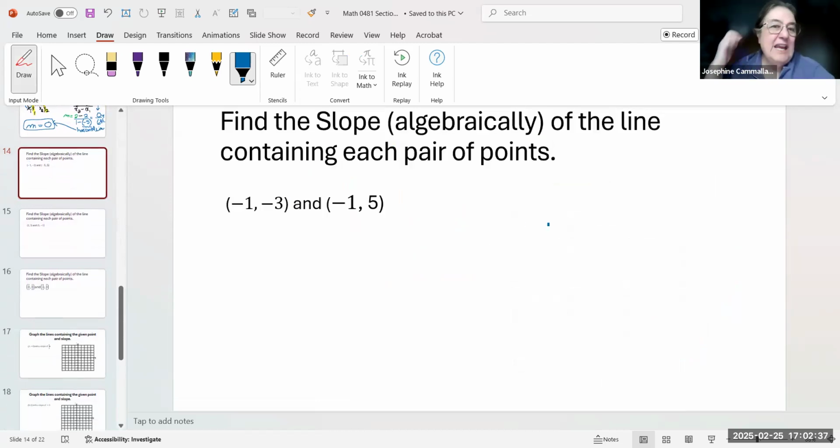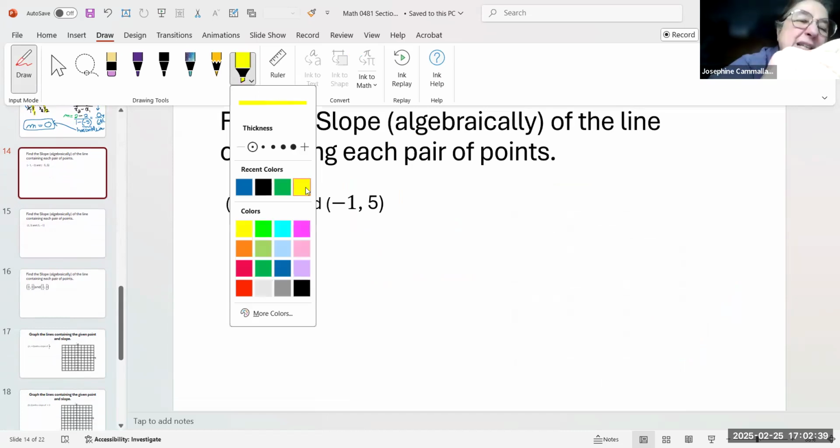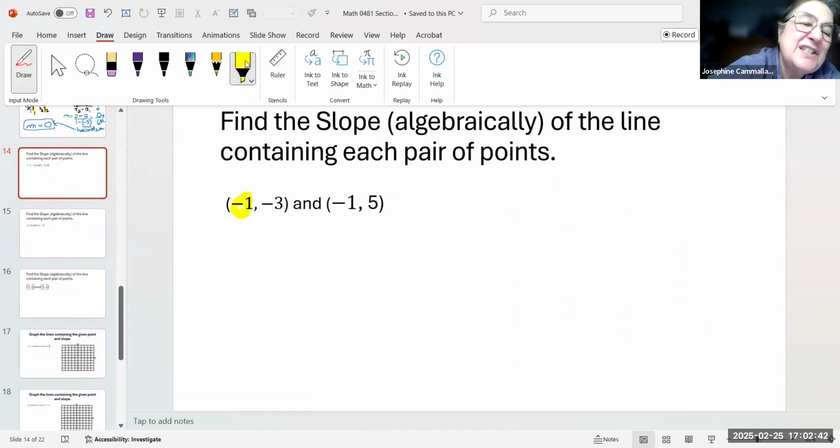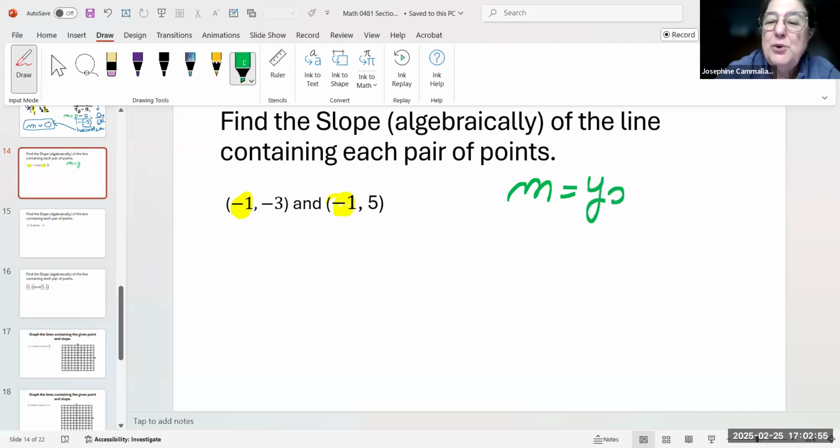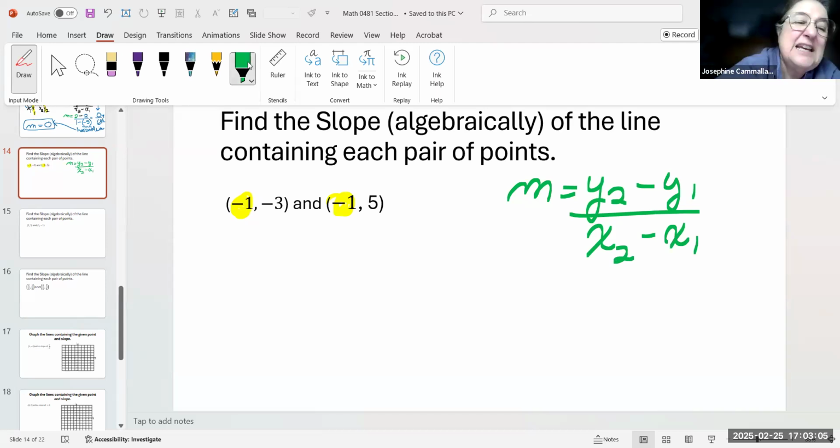Now, let's try it again, except this time, notice this value and this value are the same. My slope is y2 minus y1 over x2 minus x1. Well, this is x1, y1, x2, y2.